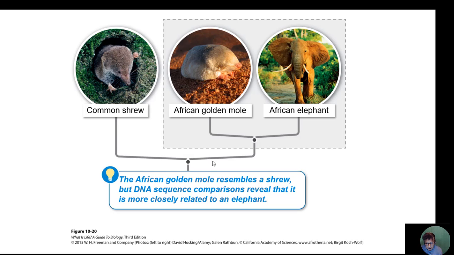However, it turns out when we actually run the DNA sequence, the African golden mole, which resembles morphologically a shrew, when we compare the DNA, has more DNA sequence comparisons that reveal that it is actually more closely related to an elephant, which is just mind-blowing, right?